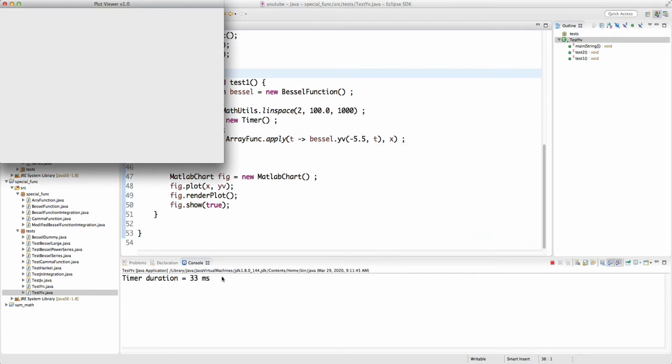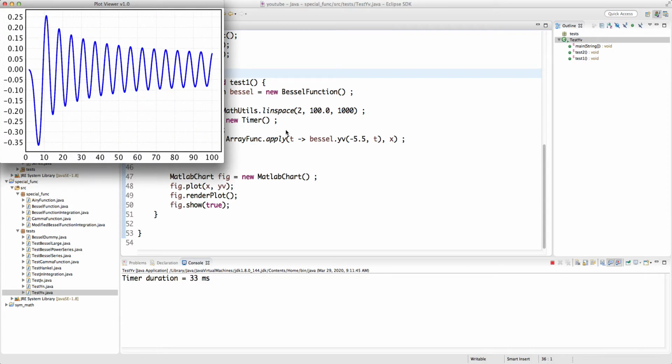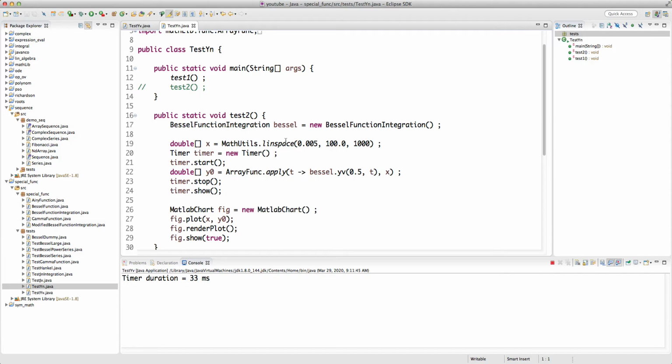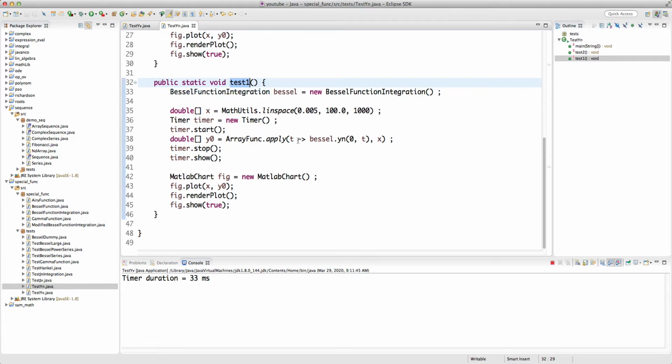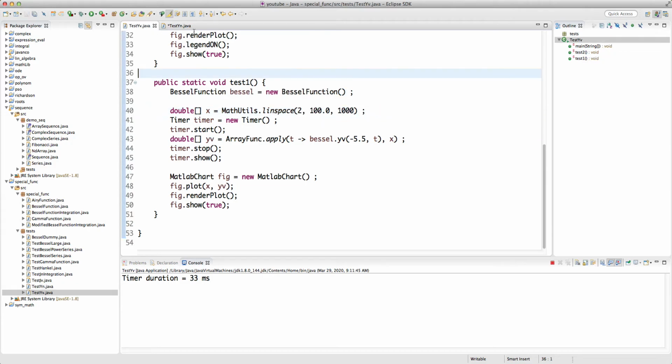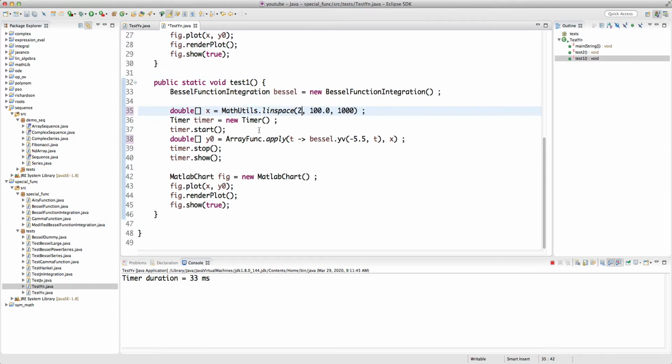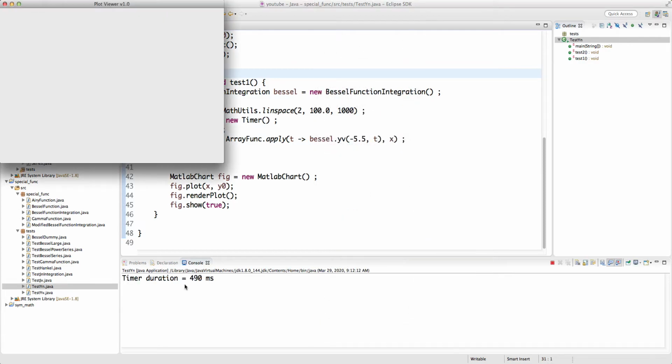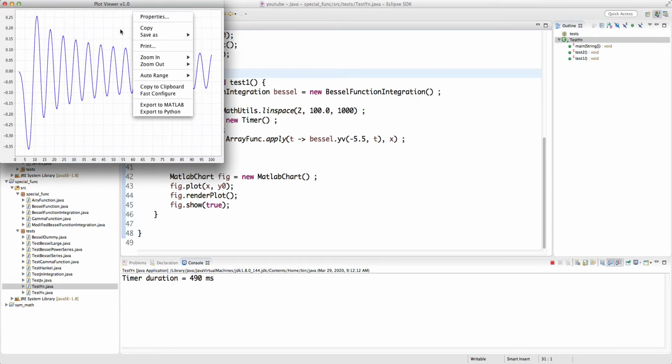It takes 33 milliseconds, and this is Ynu where nu is minus 5.5, all right? And let's see if we can run this one too. Here we had a Ynu with nu minus 5.5, from 2. So for integration, let's see if this works. It takes 500 milliseconds and it returns the same thing.